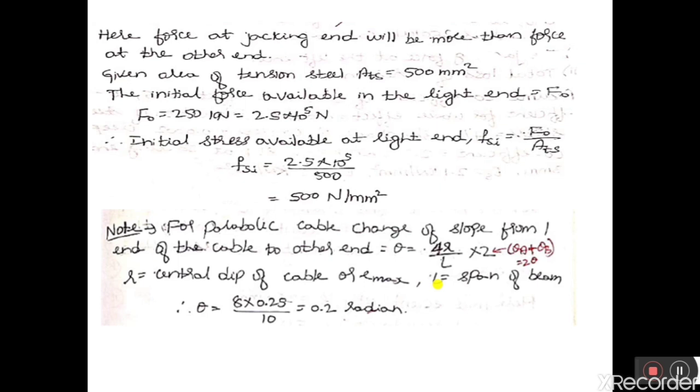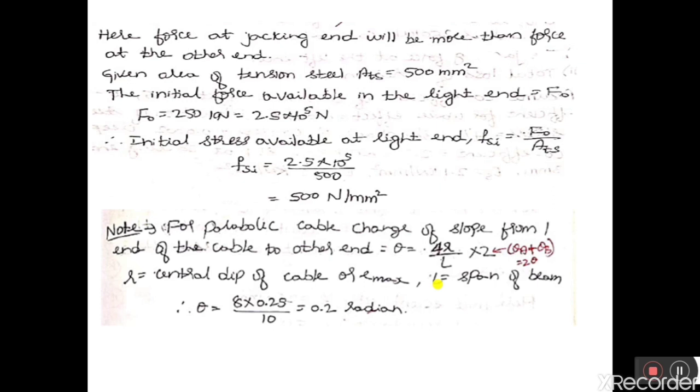So the unknown things are theta, and Fsi, that is initial pre-stress at left end, is unknown. Let us keep it as it is, and the value of K is given, the value of mu is given, and the value of X can be calculated by the given condition.